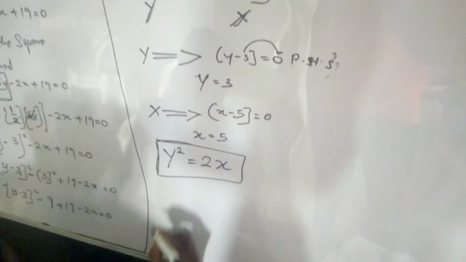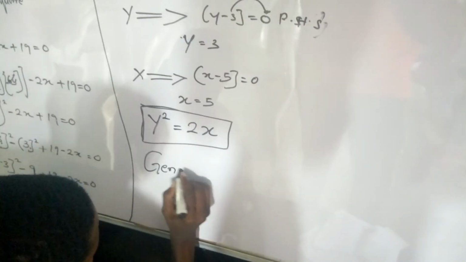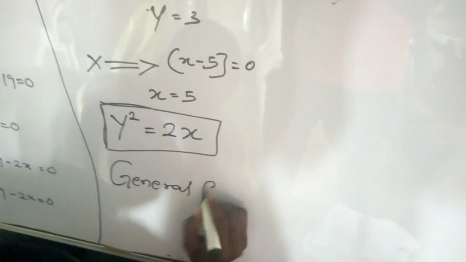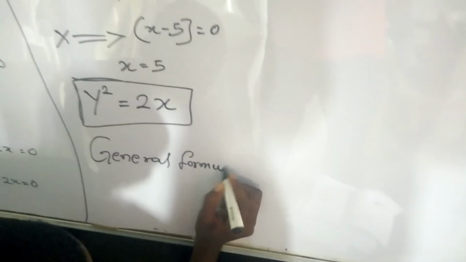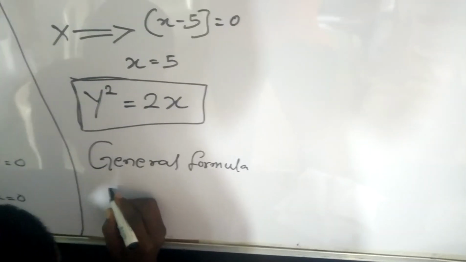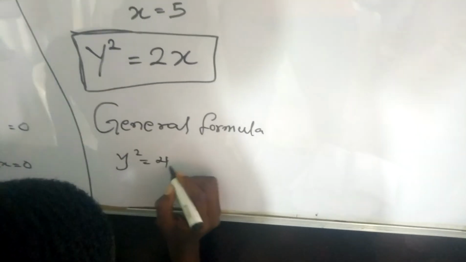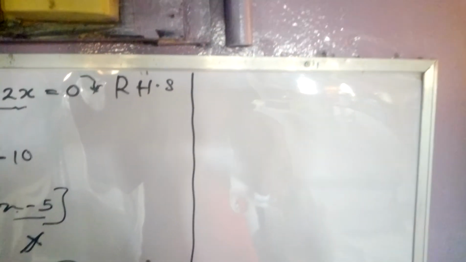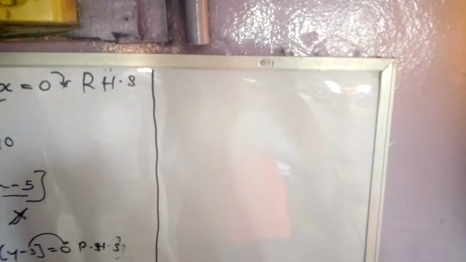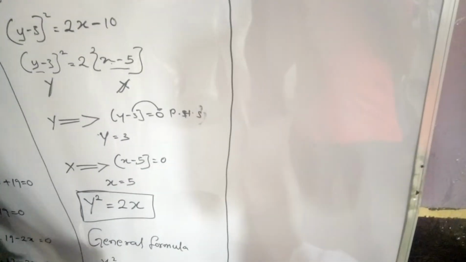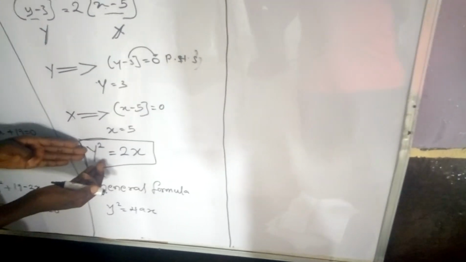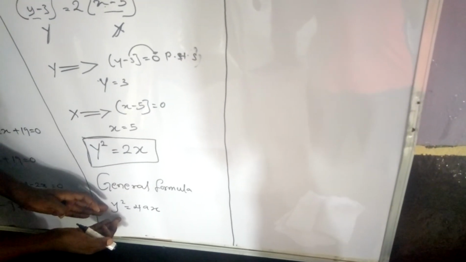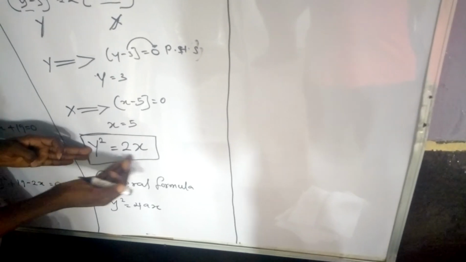Then our general formula is Y² = 4aX. Then we move up to get our a. So we substitute Y²; the value of this Y² is 2X.